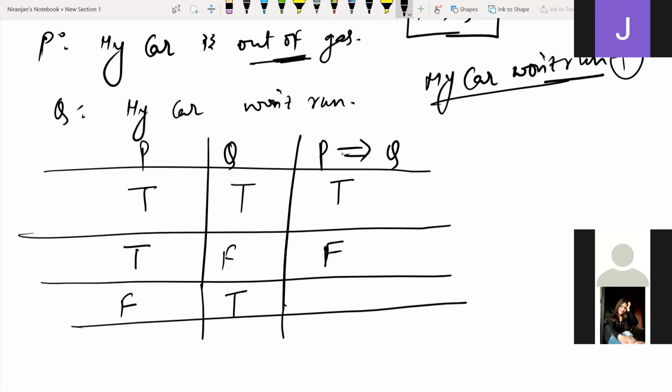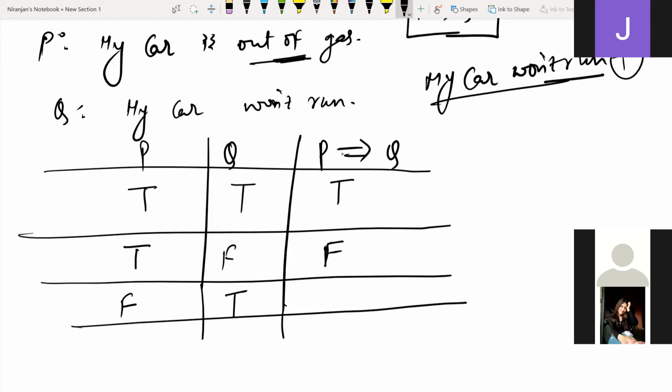Maybe your car is not out of gas and it is still not running. Does that mean that P implies Q is false? It's not. Why? Because your car is not running and you don't know whether your antecedent is true or not. Whether your antecedent is true or not, you have no idea why it's not running, but it's not running. Ultimately you're getting the true result. So that's why it's true.